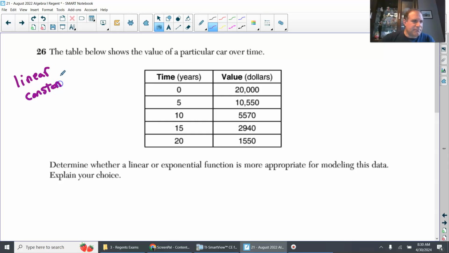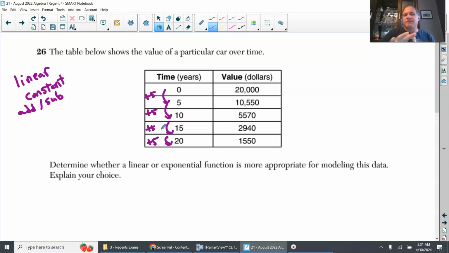It's either adding or subtracting. Exponential is not, right? So I'm just going to look at what is happening with the x's. Obviously the x's really don't matter much, but you just want to see that the x's are increasing or decreasing at a constant rate.